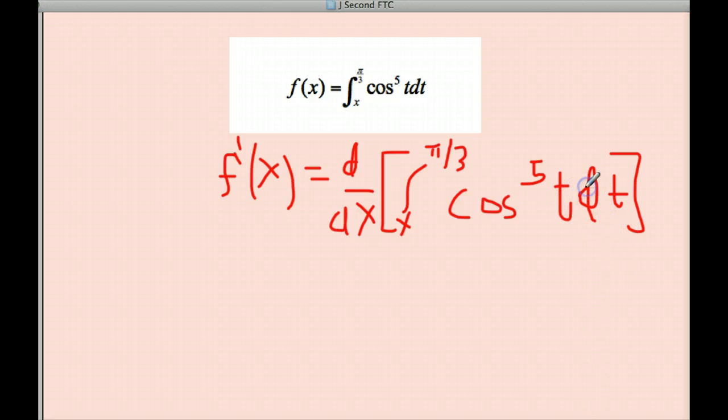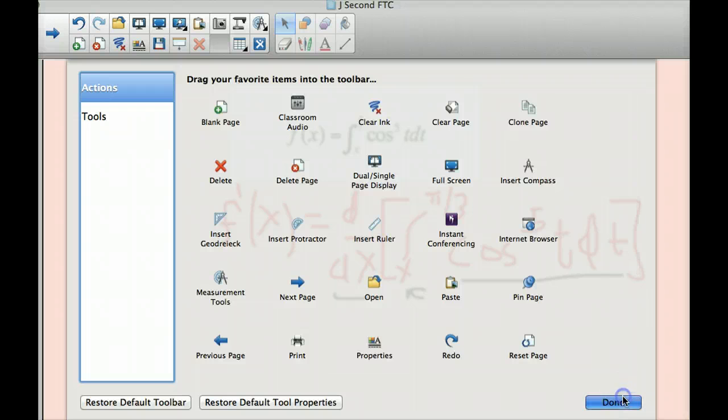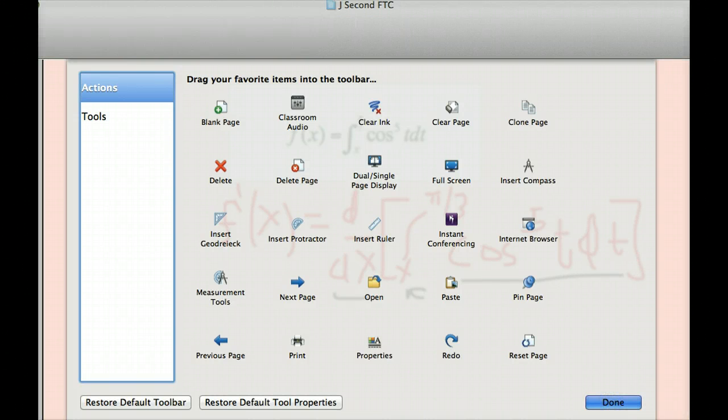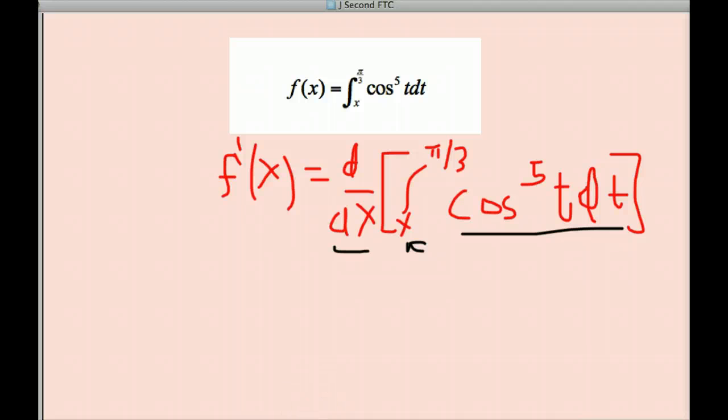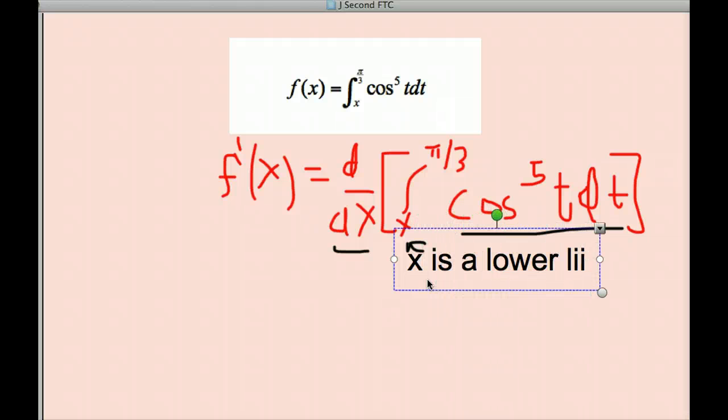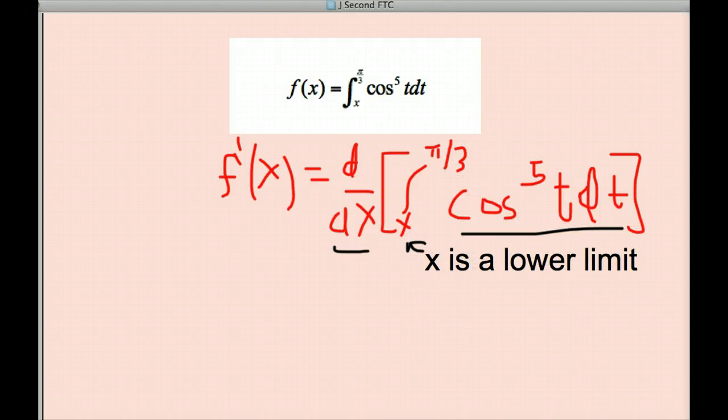So I play the matching game, and I see I have the derivative here. I have a function dt over here. Then I take a look at my limits. What I notice is, in this case, my x is a lower limit, and my constant is up in the top.